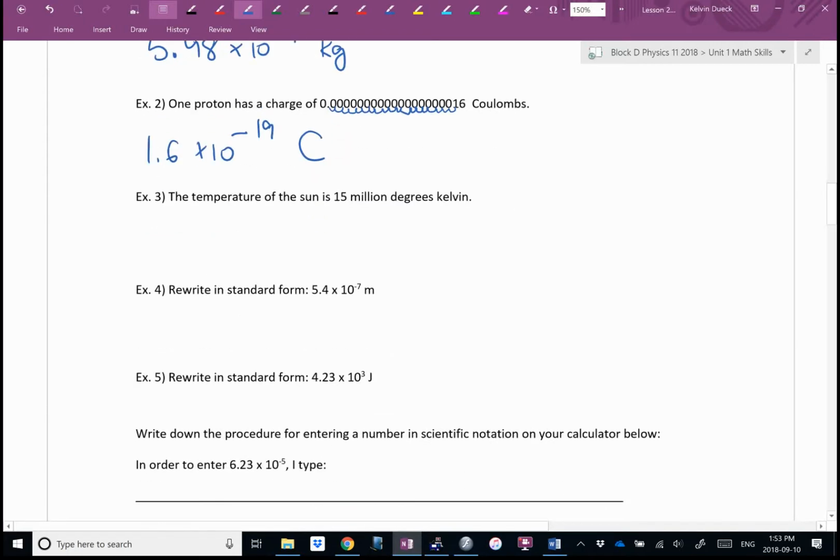The temperature of the sun is 15 million degrees Kelvin. Pardon me? How many zeros? Well, let's see. I would write 15 million. Is that million yet?